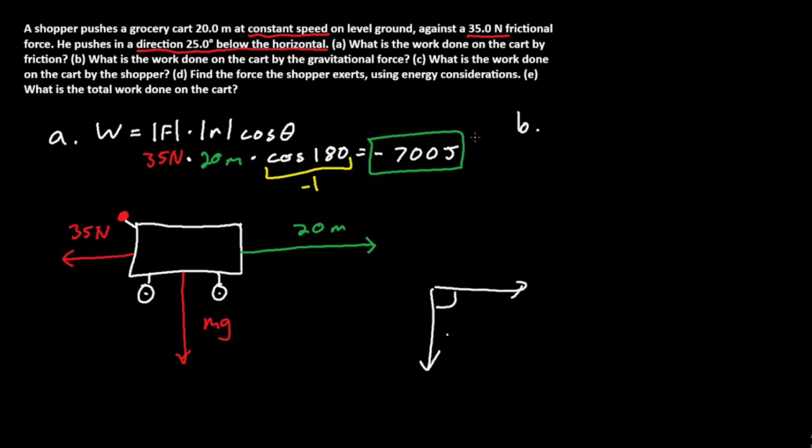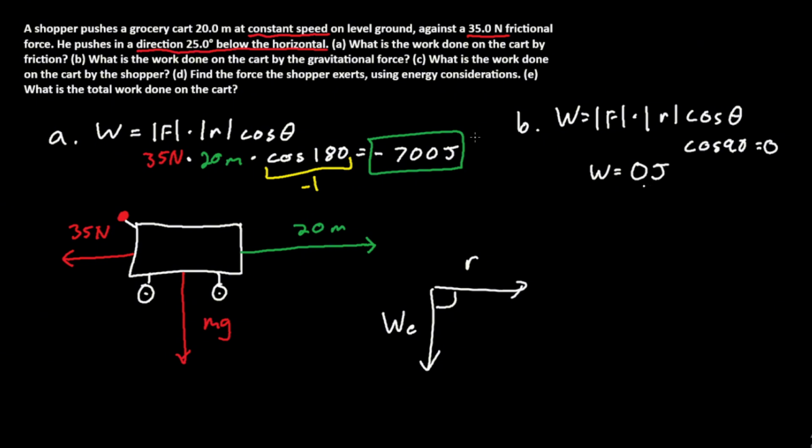With the work formula, you get the cosine of 90, which is equal to 0. No matter what any of this is, when it's multiplied by 0, it all turns to 0. Therefore, the work caused by gravity is 0 joules.